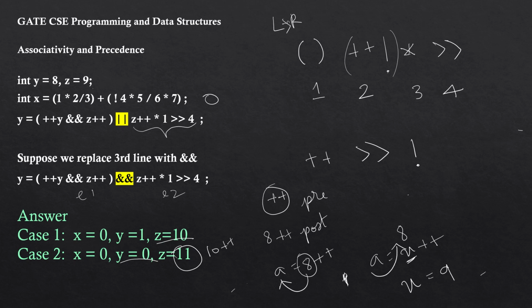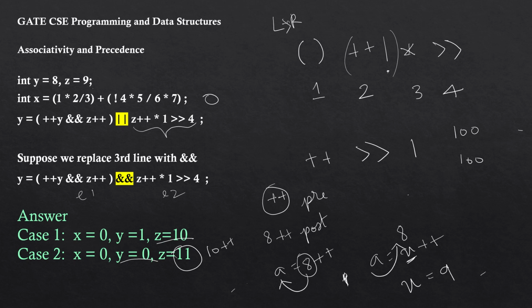Next operator we saw was shift. Shift is of two kinds. We have the left shift and the right shift. Left shift will shift each bit towards the left, and right shift will shift towards the right. As we saw in our example, we had 4.